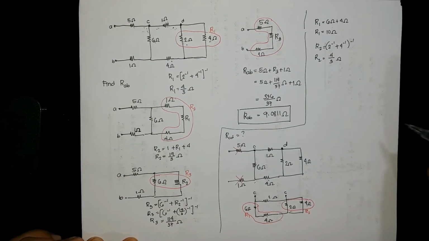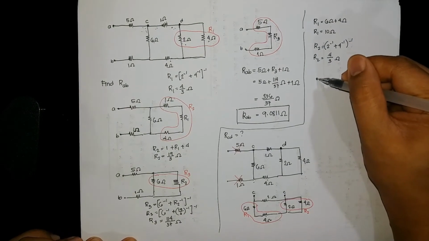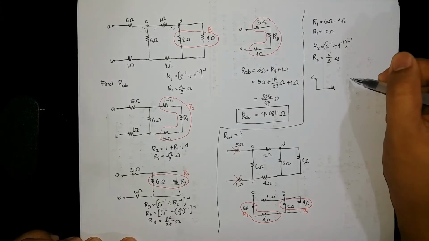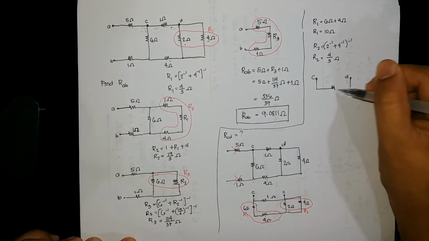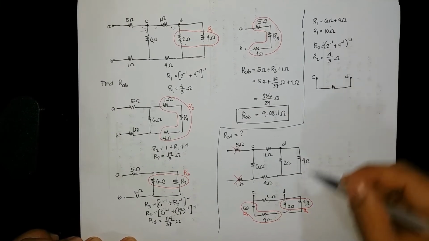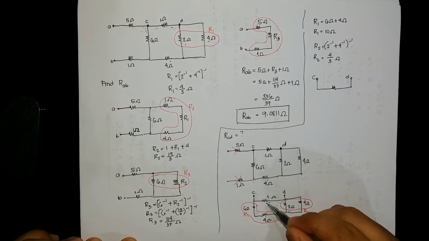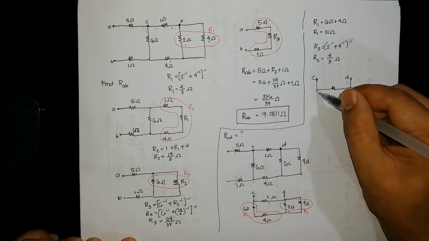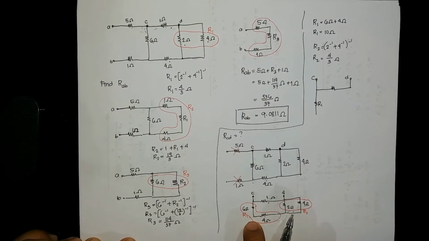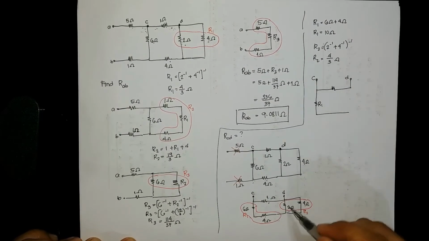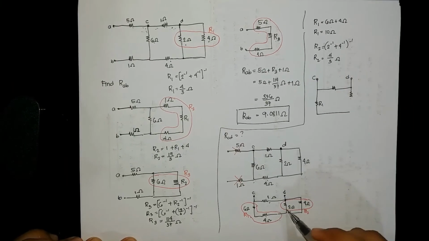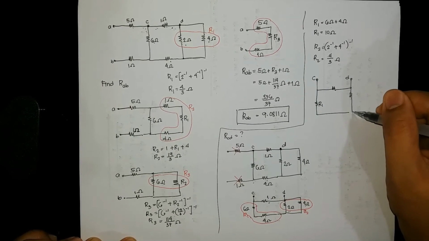So you need to redraw your circuit. Your terminal C is here. So you have your terminal D at this point. This is D. This is your 1 ohm. Then the equivalent resistance, R1, this one. Then your R2 is connected at this terminal through this point.